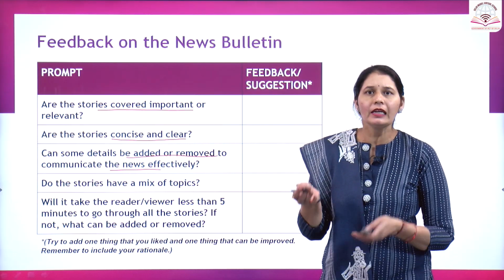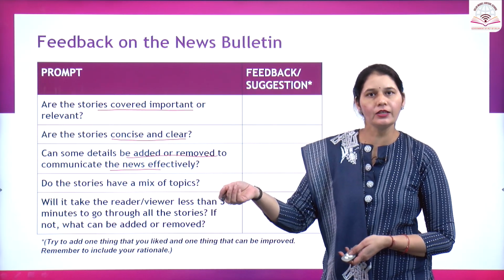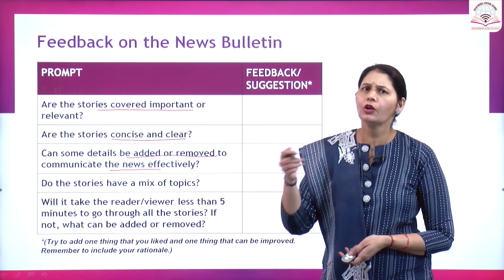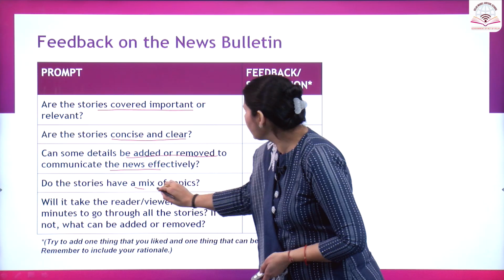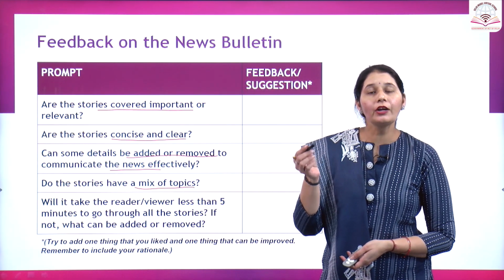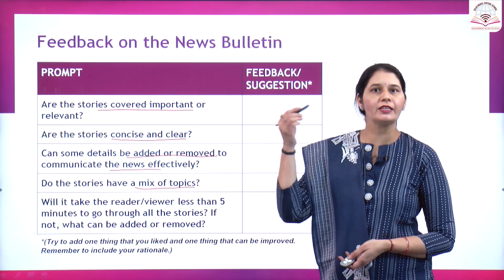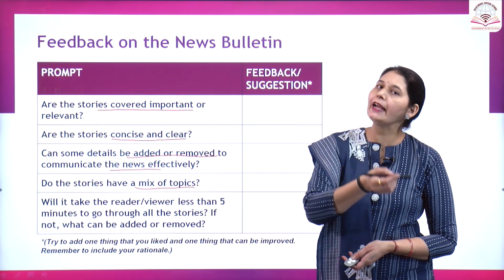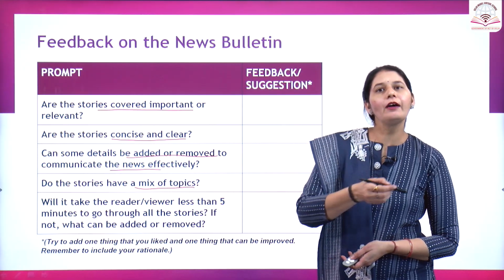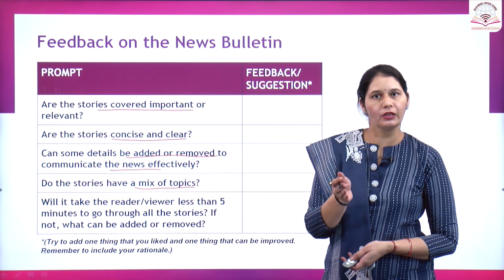Is there any scope to add some event or information, or remove something from there? Then, you have to check whether you are using a mix of topics, whether you have stories from national, international, sports and entertainment fields. So you have to make sure that you are not restricted only to a particular area.